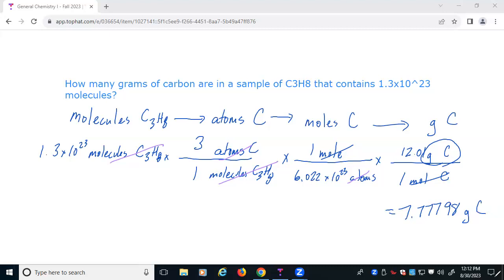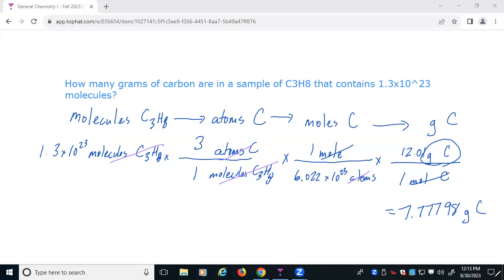How many significant figures do I need to round this to? How many digits do I need here? Yeah, if you're flashing me the peace sign, you're correct. The answer here is 2. And the reason it's 2 is, again, we go back to our initial measurement. Our initial measurement has 2 digits in it, the 1.3.